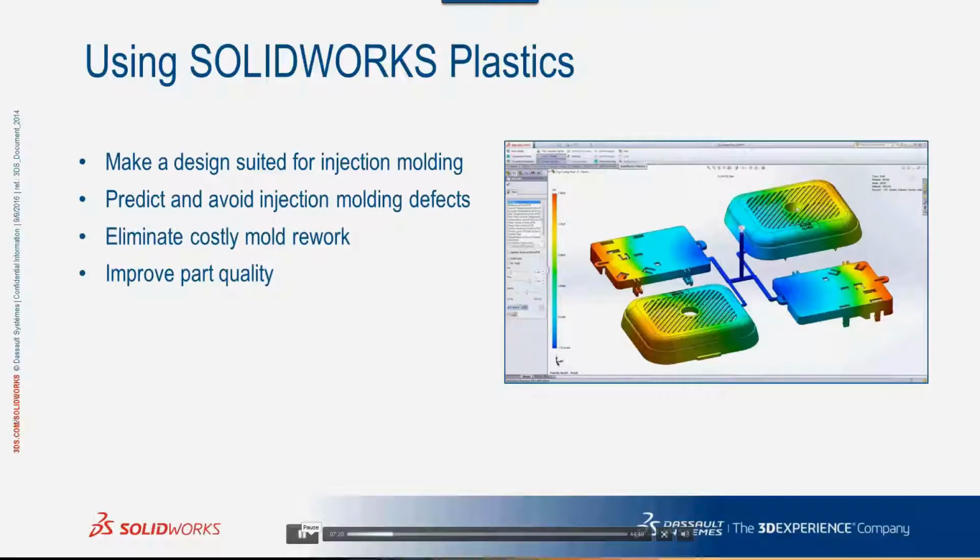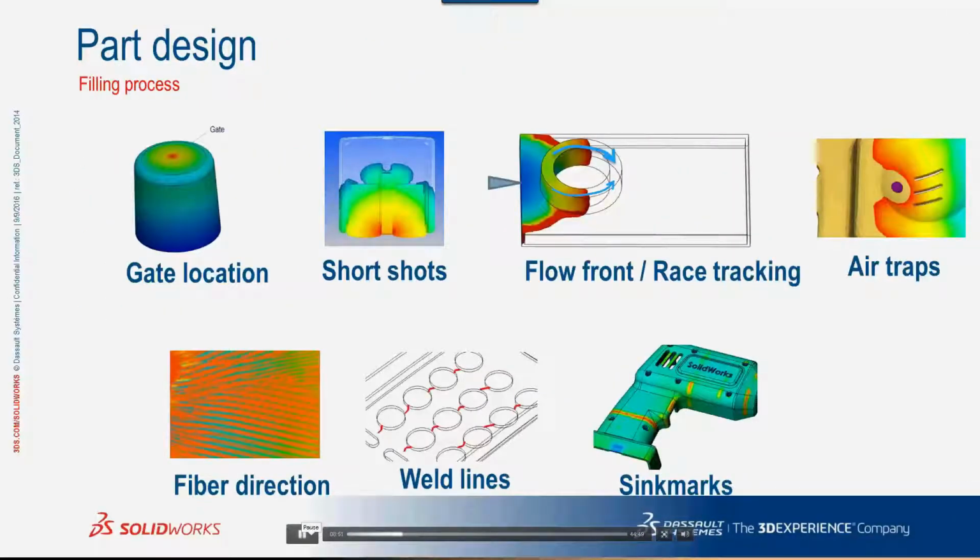Everything from venting to gate location, or improving your part quality on standard. So we're looking at different things like gate location. We look at the viscosity of the material and the geometry and find the best gate location. That doesn't mean you need to use that gate location.